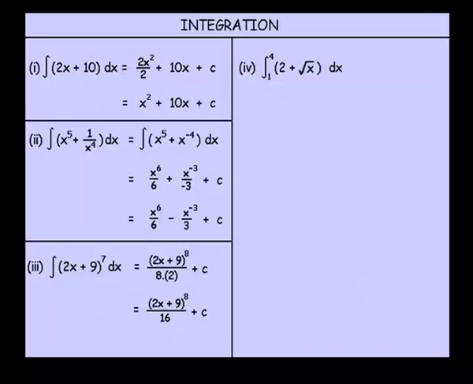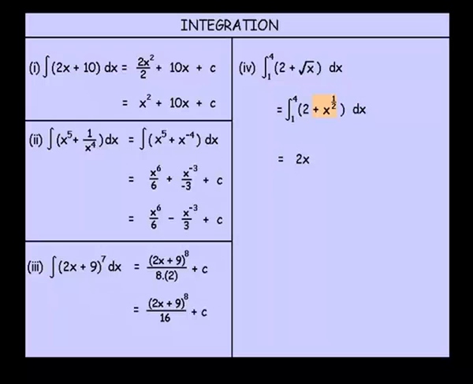Now question 4 this time involves limits. The limits are 4 and 1. Well, the first step is to rewrite that because we don't want any square roots. So we've had to replace the square root of x with x to the power of a half. Now let's integrate. The integral of 2 is just a number, so the integral is 2x.